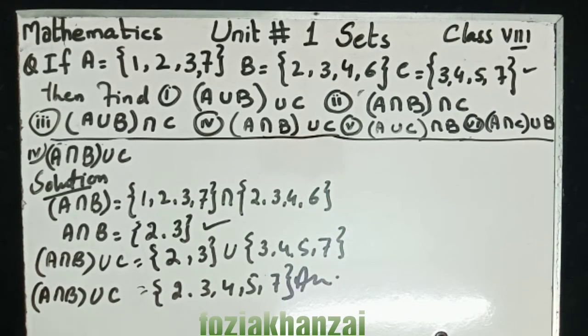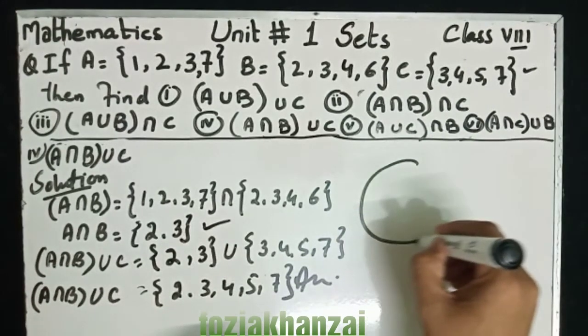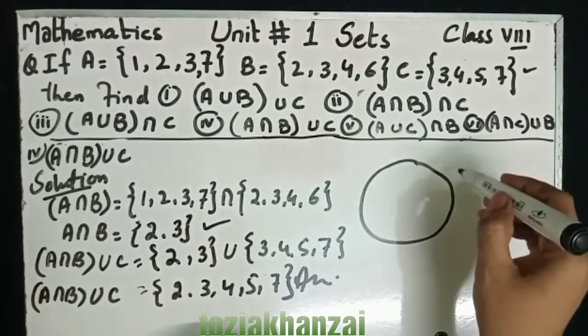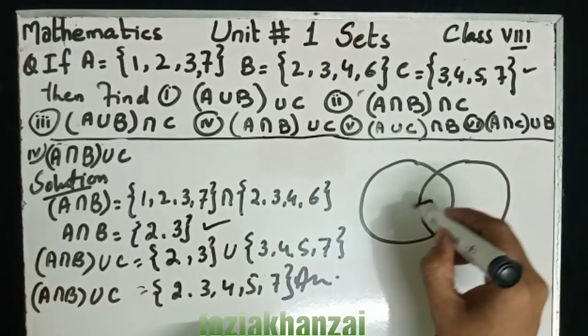Now we draw the Venn diagram. We draw the same Venn diagram in this part also. Same elements, same sets, so the same diagram.